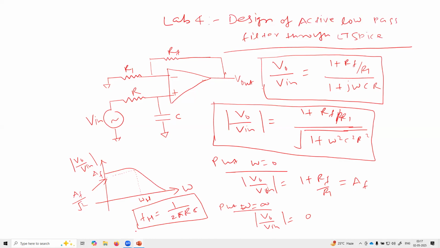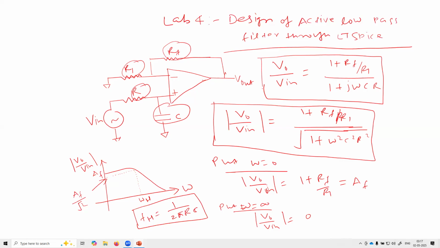So these are some of the basic concepts that will be required for the design of active low pass filter. Apart from this, to design the active low pass filter, we require the values of RF, R1, R, and C. So how will we achieve these values?